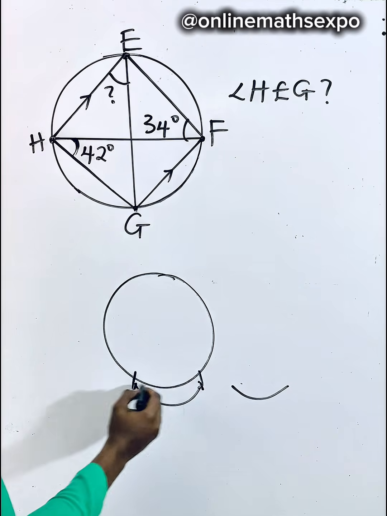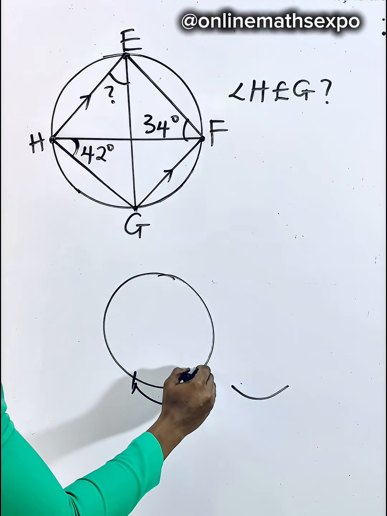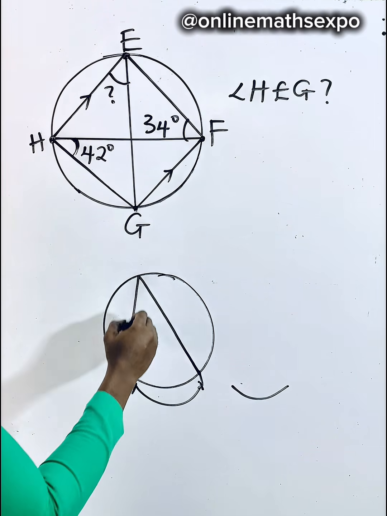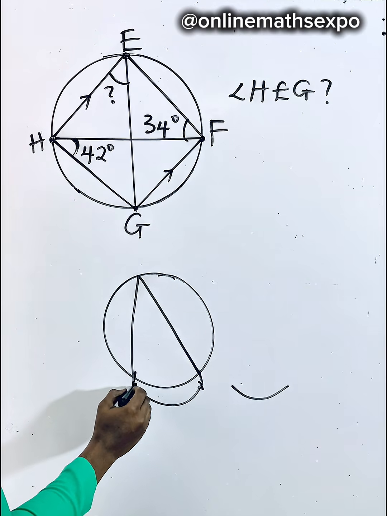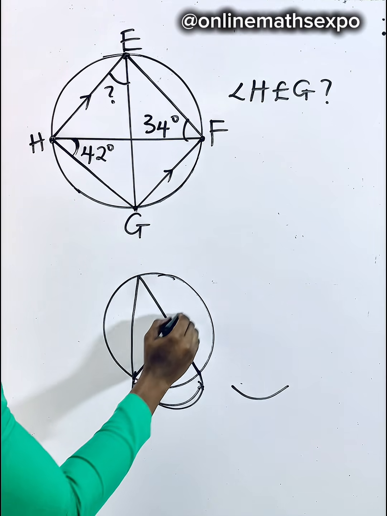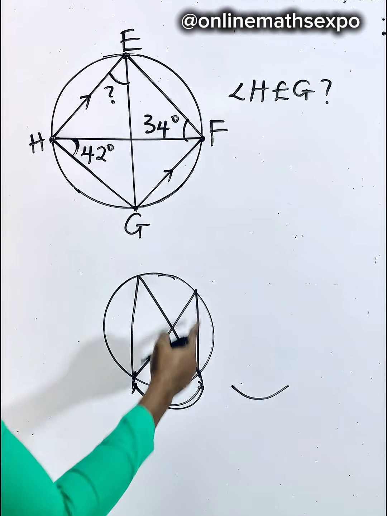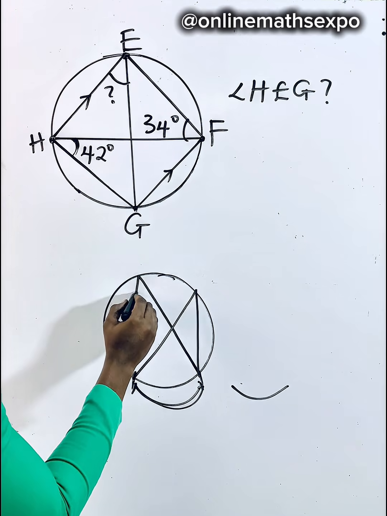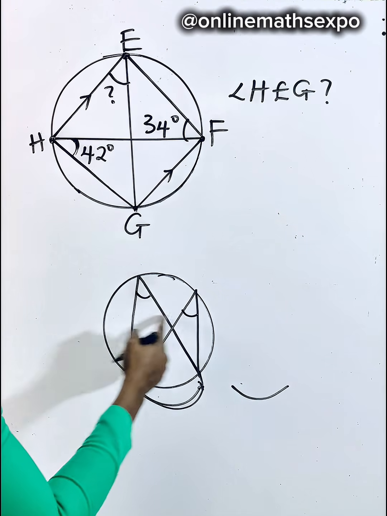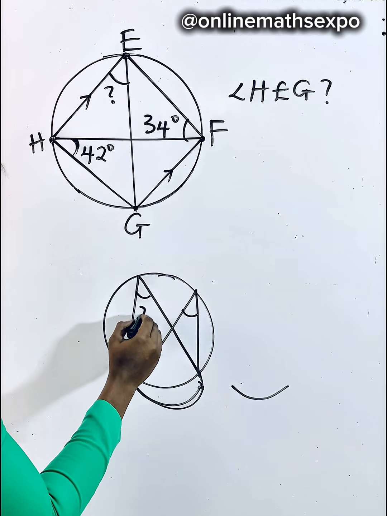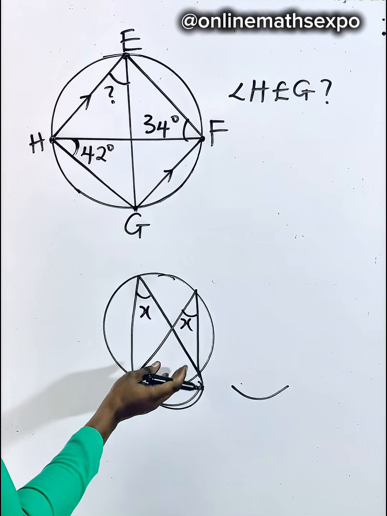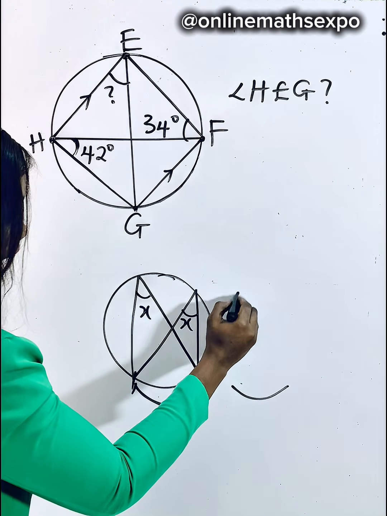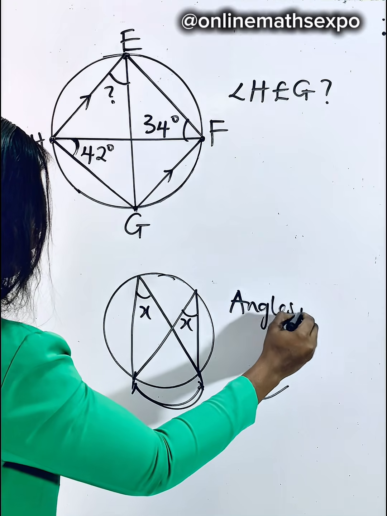Now, when this arc of a circle makes an angle at any part of the circumference, and the same arc again makes another angle at any part of the circumference, these two angles are the same. So if here is X, here is also X. What do we call this? We call it angles in the same segment.